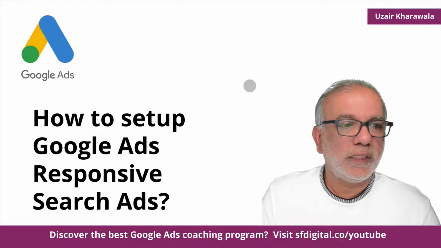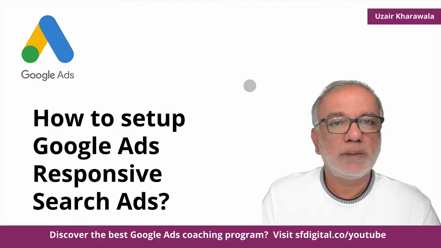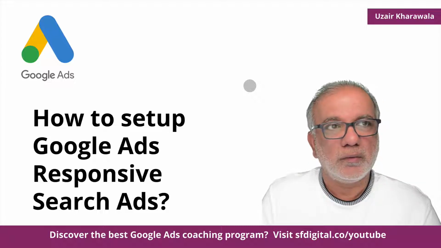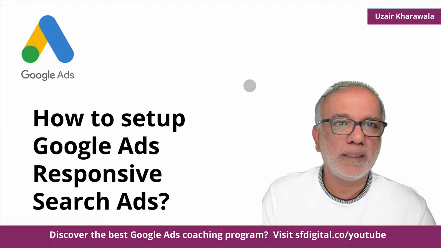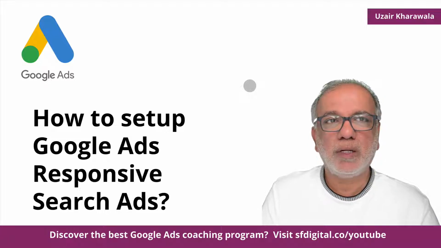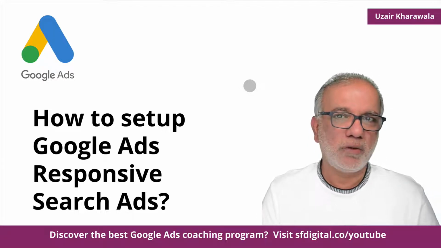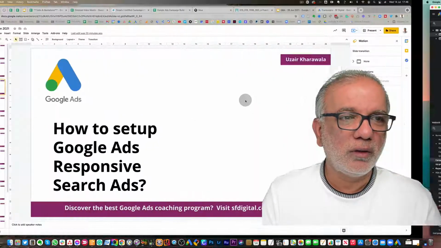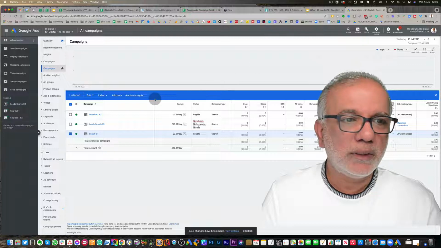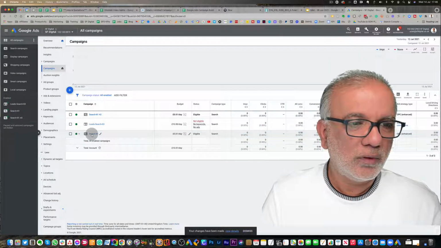How to set up Google Ads responsive search ads. So responsive search ads are now the new default in Google Ads. You can set up expanded text ads as well, but when you try and create a new ad, you will find that Google takes you straight to the responsive search ads.